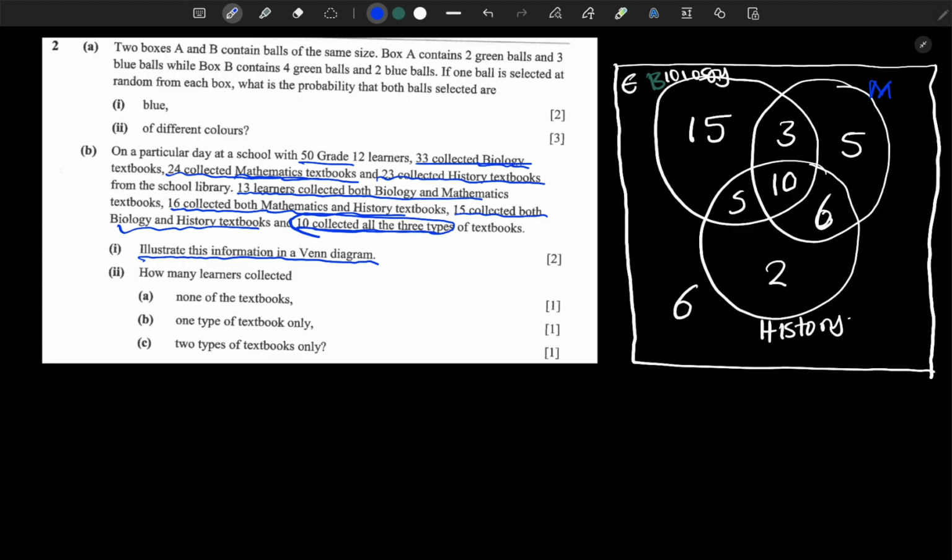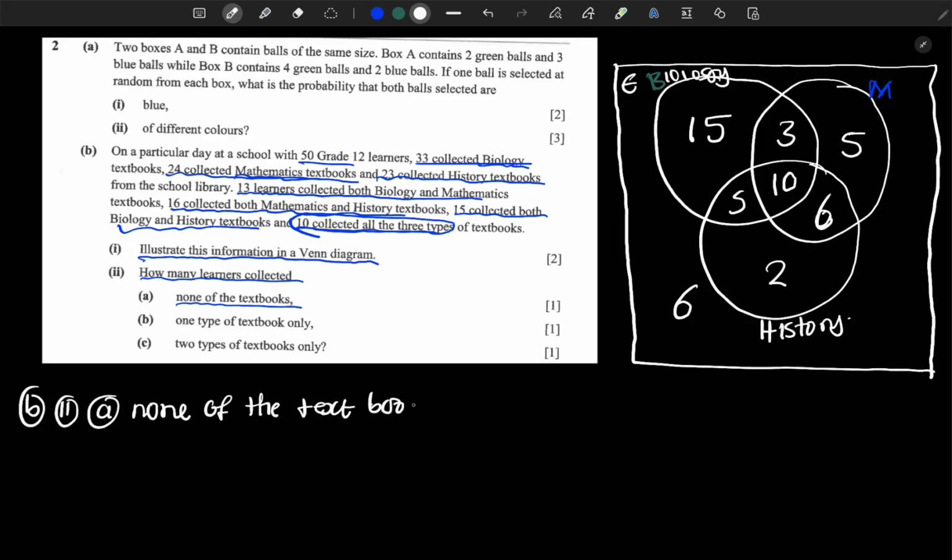We can now go to question Roman number 2. How many learners collected: A, none of the textbooks. For this question, we can say B, Roman number 2, question A. This is simple. So none of the textbooks is equal to, sorry, this should not be 6, it should be 4.